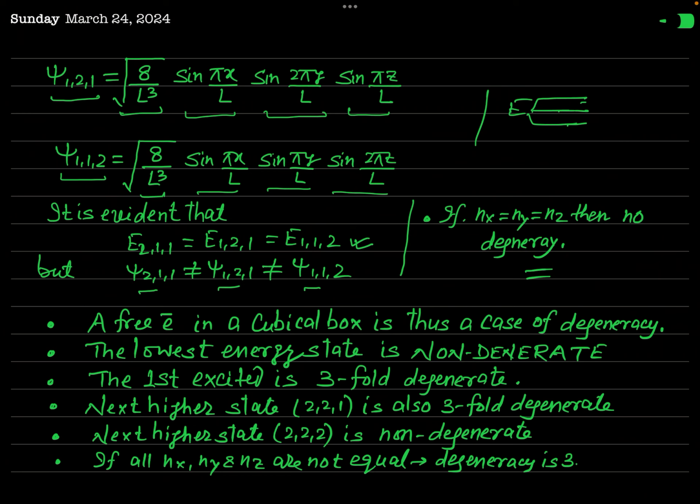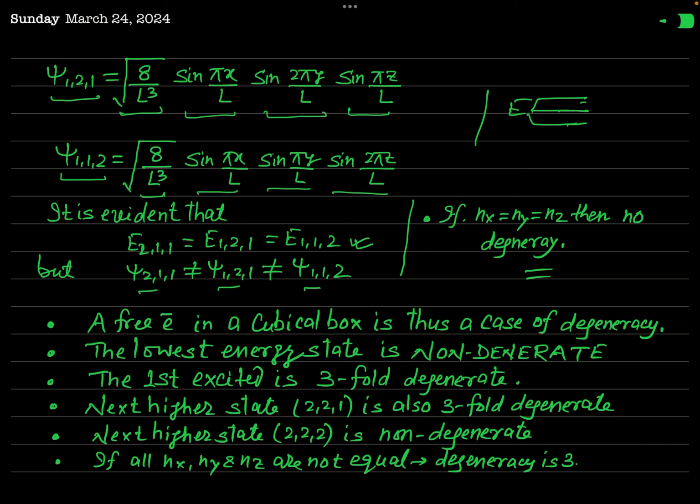Since corresponding to one energy eigenvalue there are 3 eigenstates or 3 eigenfunctions, this energy state is called threefold degenerate. Its degeneracy is 3.